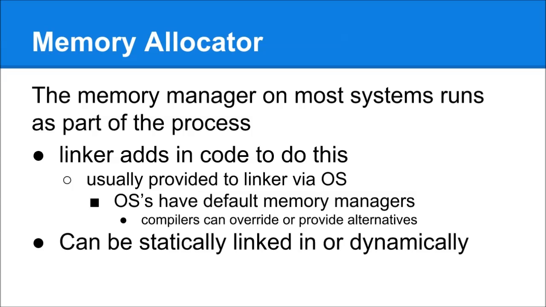However, compilers can provide directives to override it, perhaps providing an alternative one if the developer thinks it is safer, which in many cases there are safer memory managers, sorry. And it can be linked in statically or dynamically.